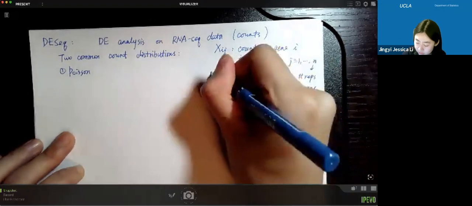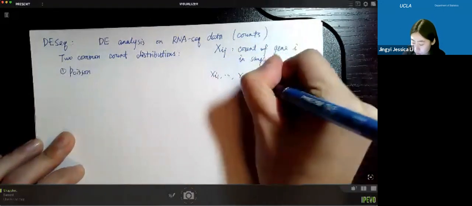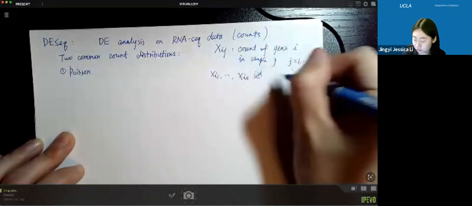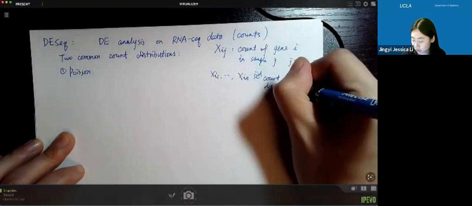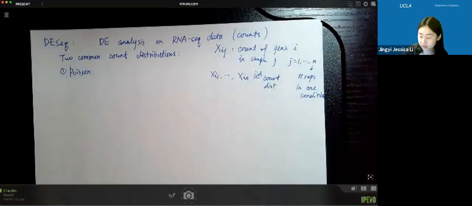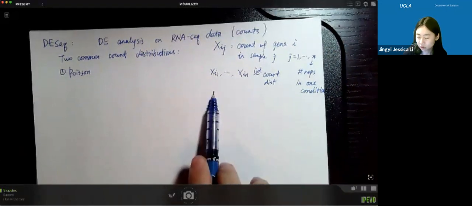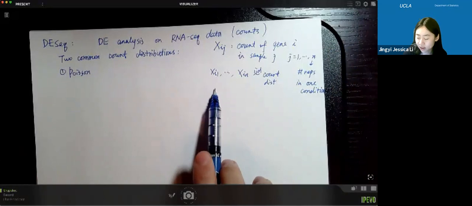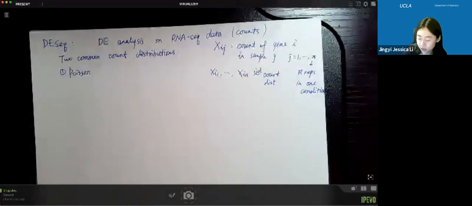So we consider x_i1 to x_in to be IID from some count distribution. That's the setting we look at here. If we have another set of samples, we can change this to n1, and we can call that y_i1 to y_in2, just like our two-sample t-test notation, and that will follow another count distribution. I'm just trying to give you some intuition about how the model is related to the data.